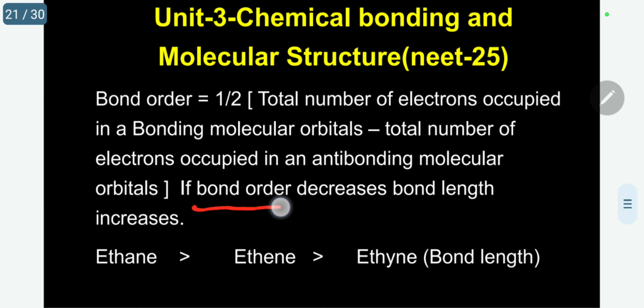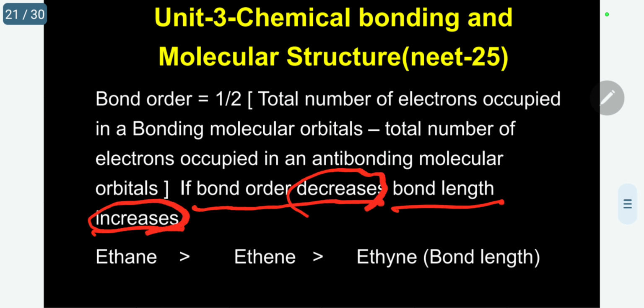If bond order decreases, bond length increases. So ethyne has bond order 3, ethylene bond order 2, ethane bond order 1.